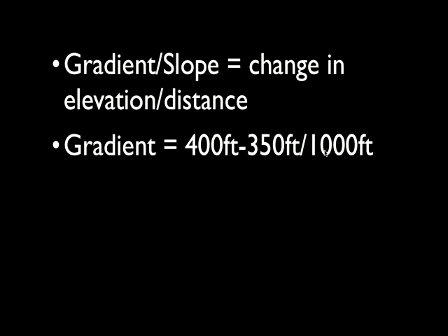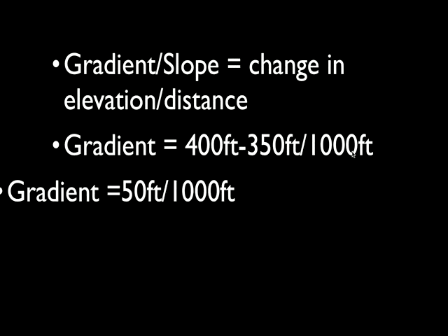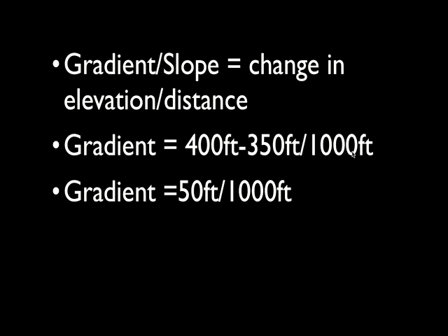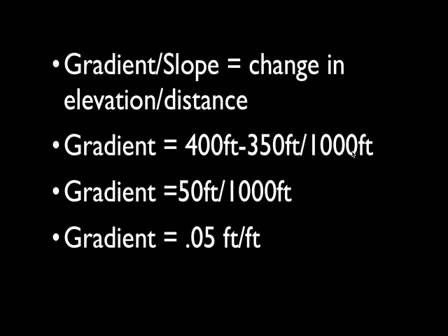The distance, I measured it on my map, is about 1,000 feet. So gradient then becomes 50 feet divided by 1,000 feet, which works out to be about 0.05 feet per foot. Okay, so what that means is for every foot that I go across, I'm going up 0.05 feet.